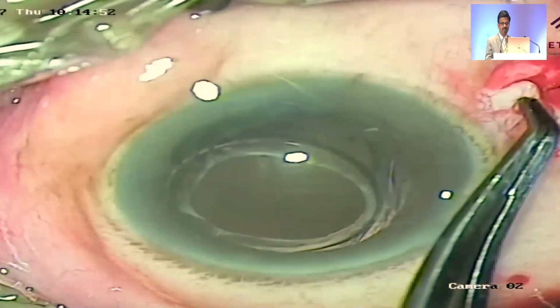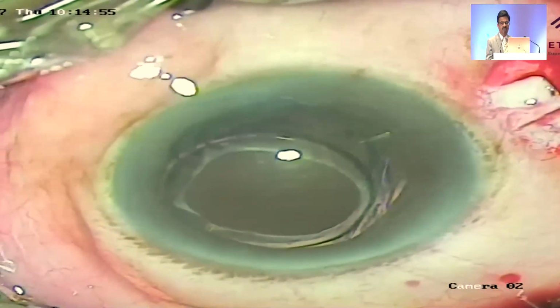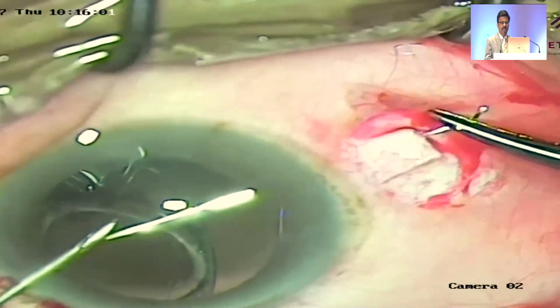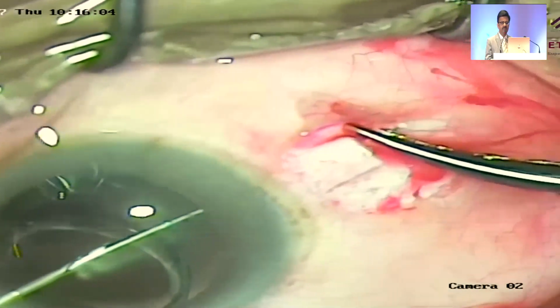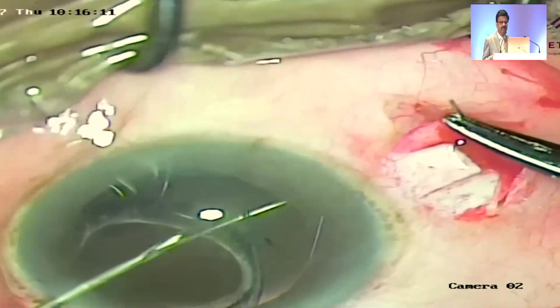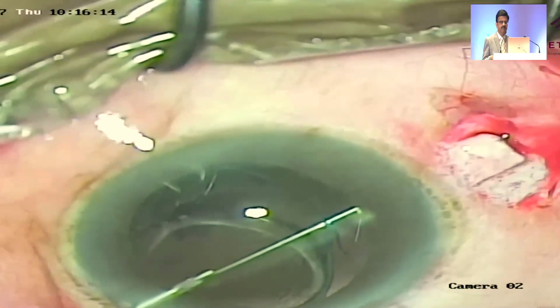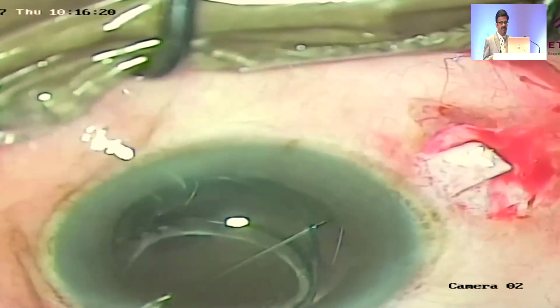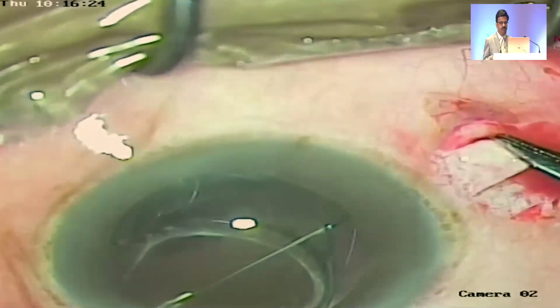As you can see, we pierce the bag at the haptic-optic junction, and from there it is brought outside and sutured to the sclera. So this is another option. With paucity of time, I think I will skip this beyond this.